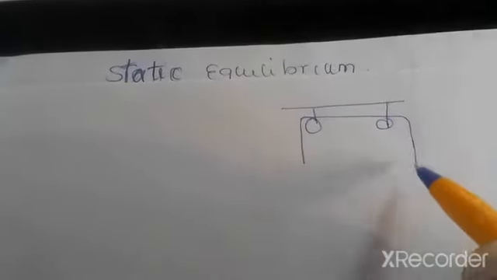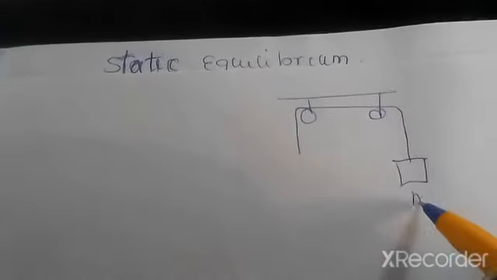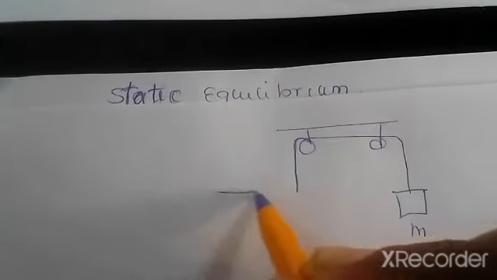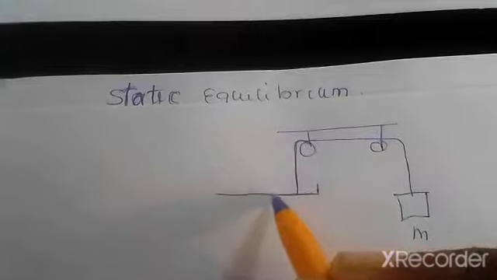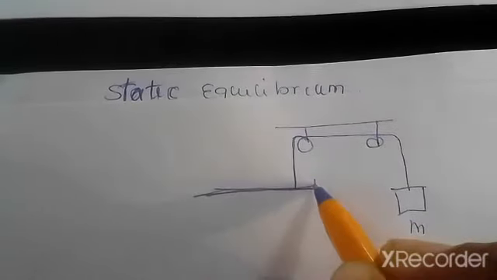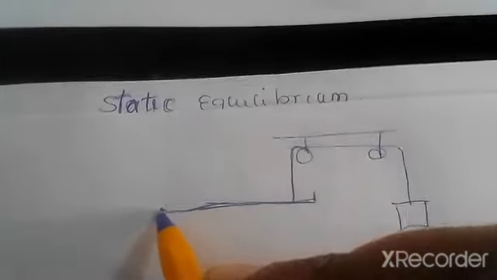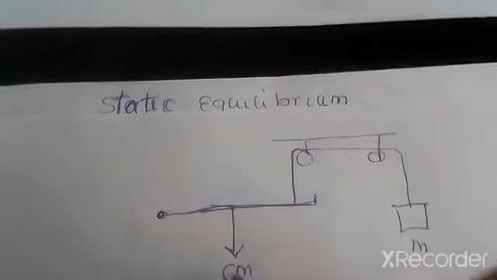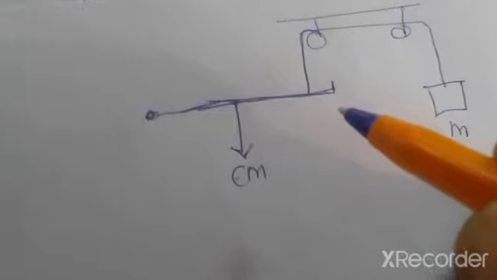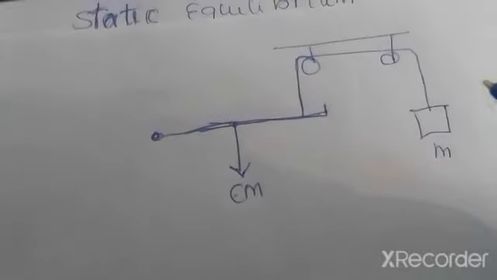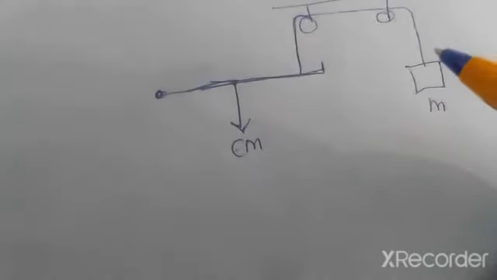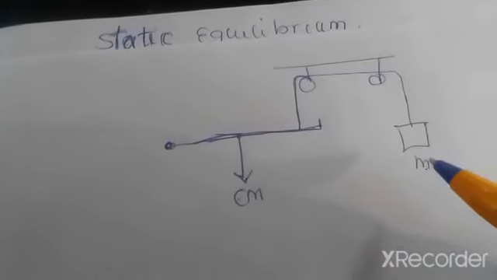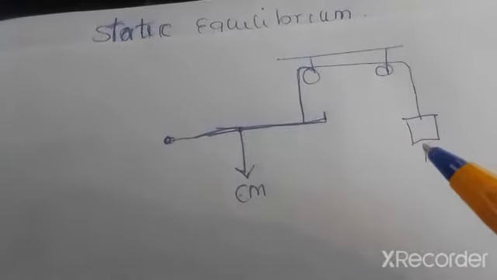There was a mass hanging here, mass M. Then we had a person's foot here. We had a hip here, and the center of mass of the person was here. Calculate the mass M needed in order to suspend the leg shown.